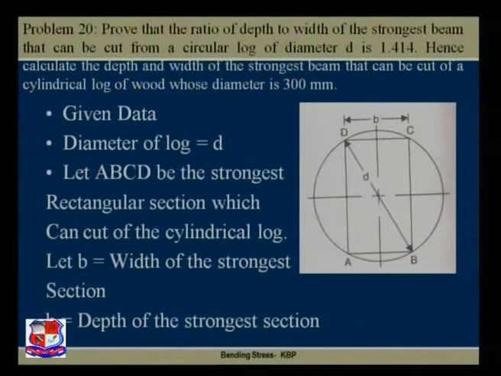Now refer to the data. Prove that the ratio of depth to the width of the strongest beam that can be cut from a circular log of diameter d is 1.414.